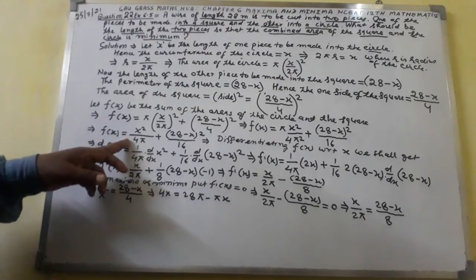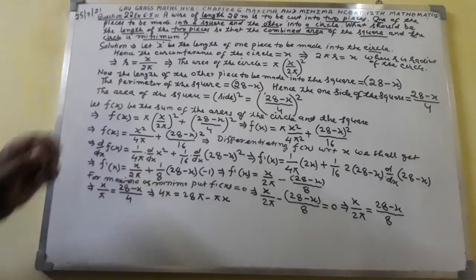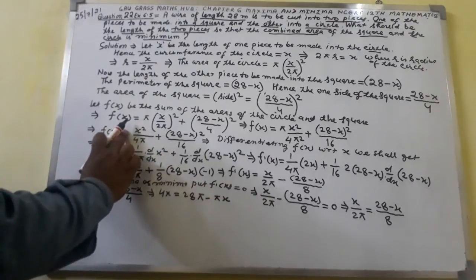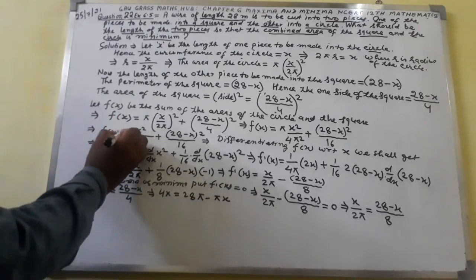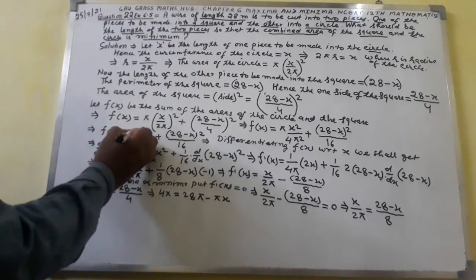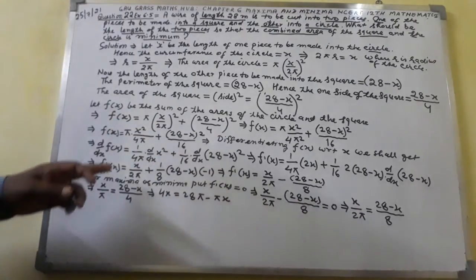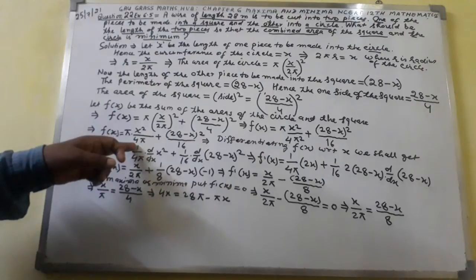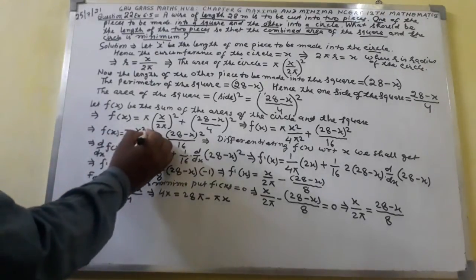From this place I shall find out f of x equal to pi. You can see here I have left pi here, so here I should write pi. Pi I have omitted here. So here pi dot comes out. Because here f of x is pi dot x square over 4 pi square it comes out to be.